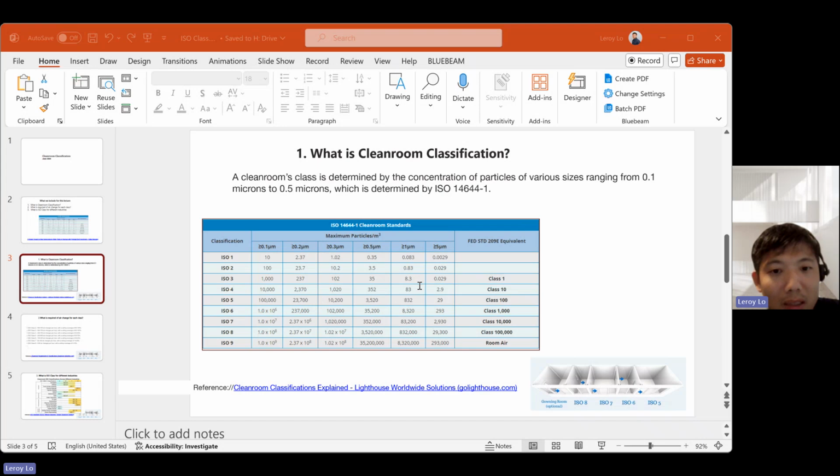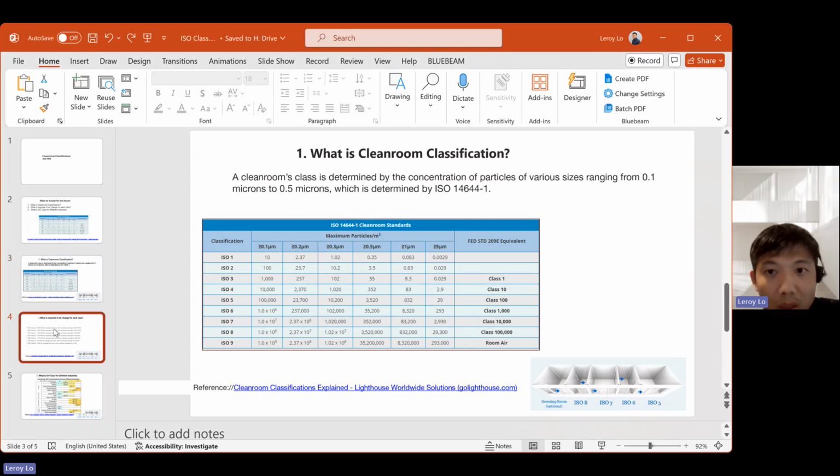For example, it doesn't actually have to be laminar flow, so you don't need air flowing in one direction through these higher levels of ISOs. You just need a lower return, and that saves a big chunk of money. So there's a lot of variation you can play with when you're doing clean room design. Okay, moving on to the next one.